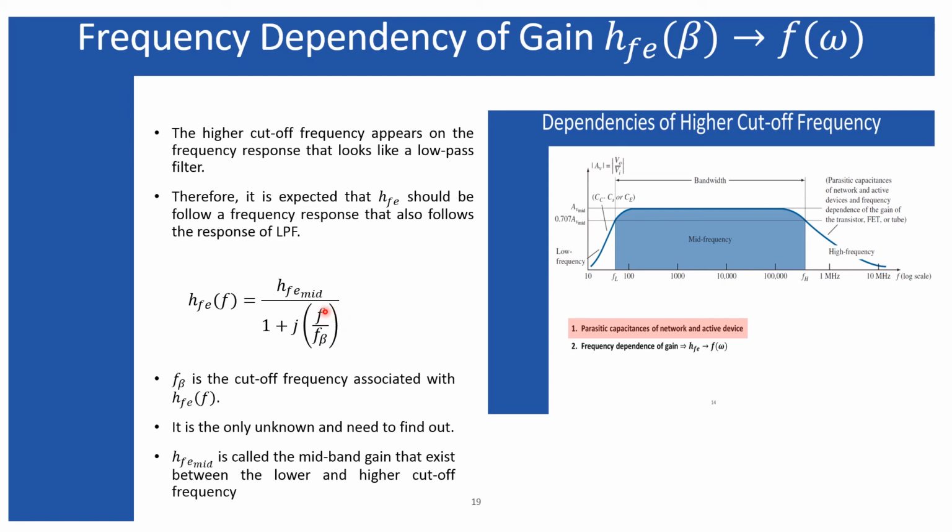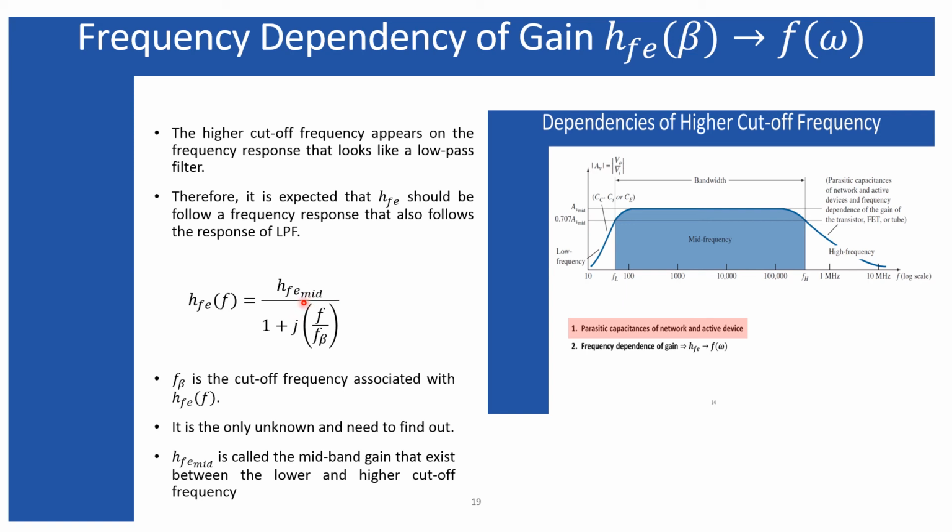That means it should be a function of f over f beta, where f beta is the cutoff frequency corresponding to this frequency dependency of HFE, and where HFE mid is the HFE, or the forward current gain, which is constant over the midband range. And this is the HFE I have used in all my previous analysis without mentioning this mid factor, because I have assumed that HFE is constant throughout my analysis, and that is constant because that is the midband gain I have considered in my previous lecture.